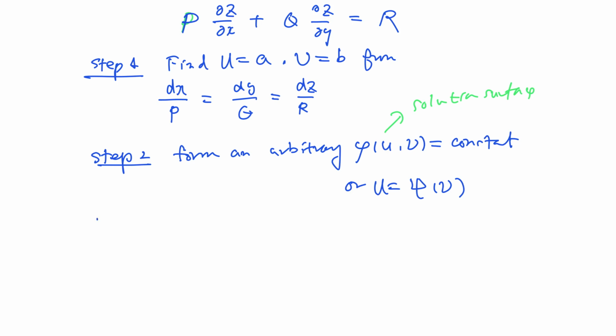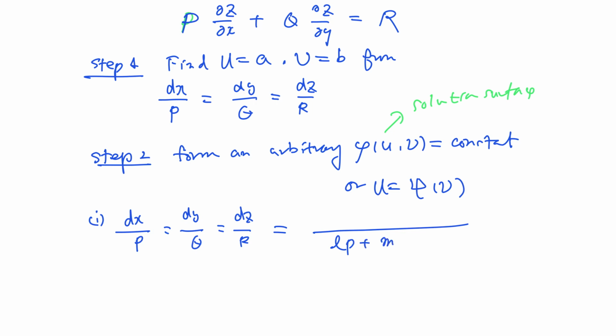So step 1, just say dx over p, dy over q, dz over r. You can also use lP, mQ, and nR over ldx, mdy, and ndz.